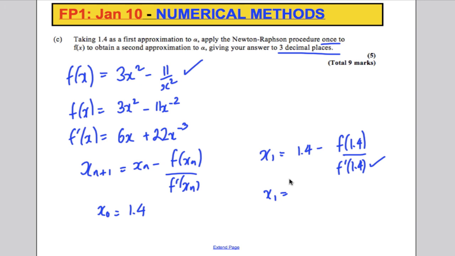You tap that in your calculator, and x1 to 3 decimal places would be 1.384. And you're done. There's your 5 marks.